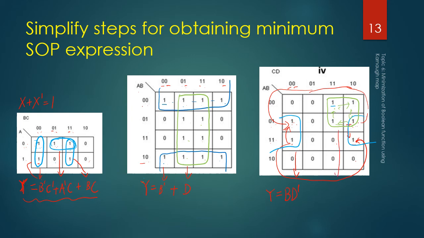For the green one, if we compare these two squares, we can see B is changing, so A will be there as A prime. And comparing these two, we know D is changing, so we have C here. So the final result is B and D prime or A prime and C. Okay.